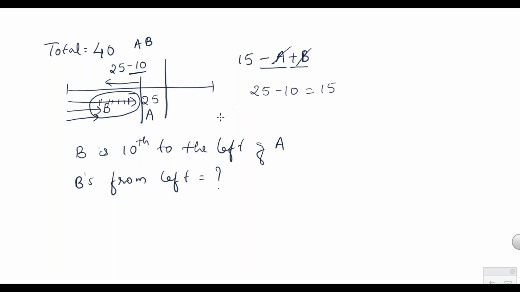Okay, so if you are getting confused with +1 or -1, in these cases, if you are finding nth to the right or 10th to the left, you don't need to take +1 or -1.